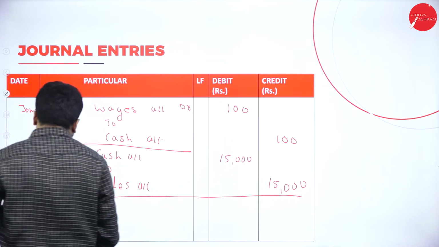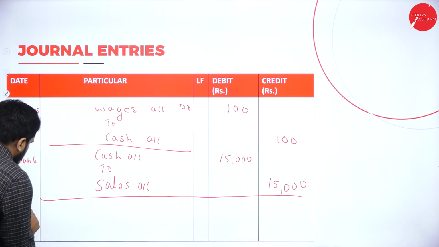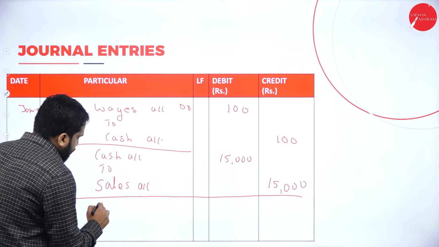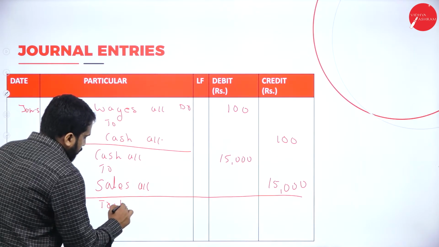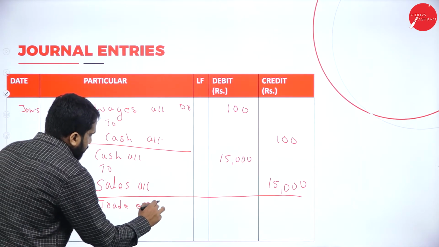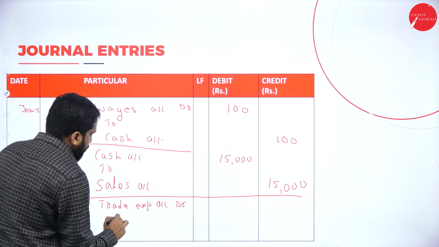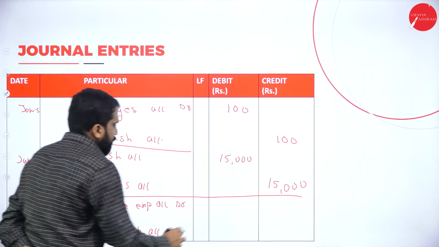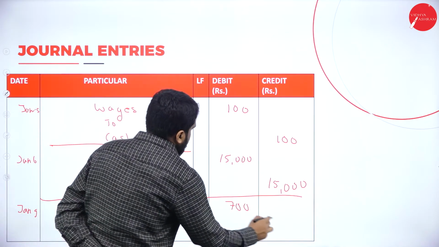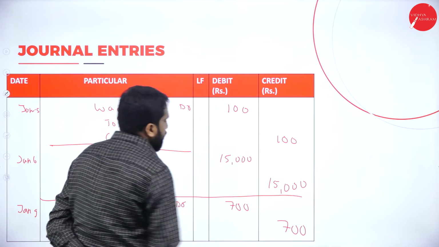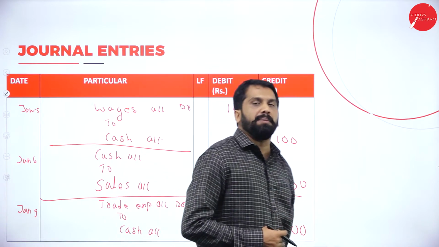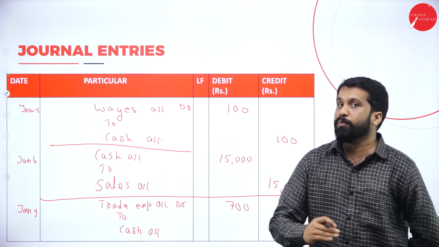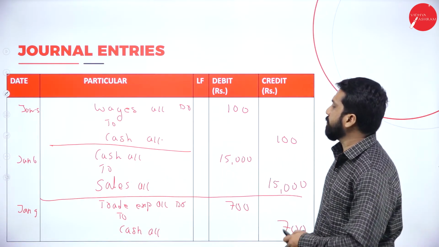January 9th, trade expenses account debit to cash account, 700 as well as 700. Any doubt up to this? No doubt. We'll go for the next one.